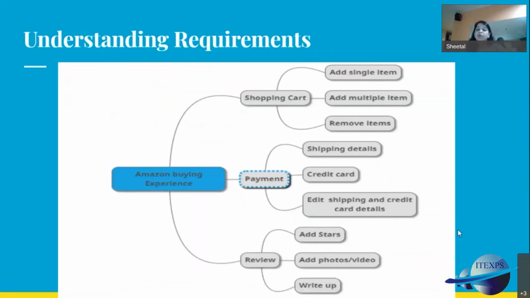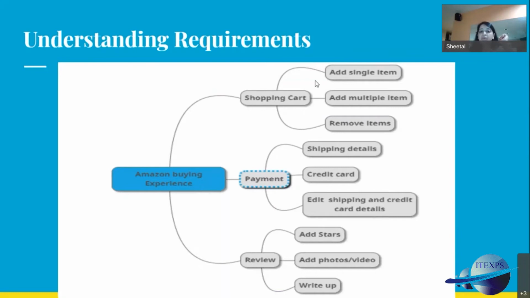For understanding the requirement, we made a small graph so that it gives a clear picture to everybody. This was the Amazon buying experience, and these were the three modules we were supposed to talk about: the shopping cart, the payment, and the review.